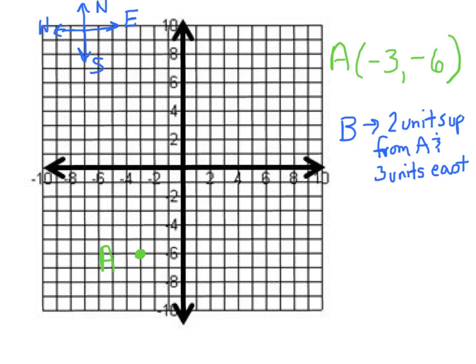Let's use that terminology: it's 2 units or 2 blocks north of A and 3 blocks east of it. So I would start at A, go 2 units up, and then 3 units to the east, which is in this direction. So my B value would be located right here, which would actually be right on the y-axis. Hopefully this has been helpful for you in learning the coordinate grid.